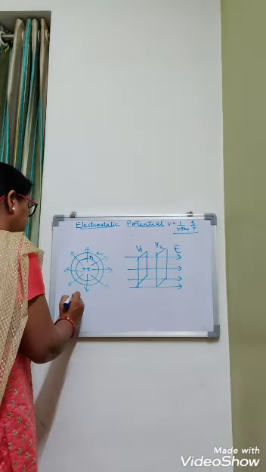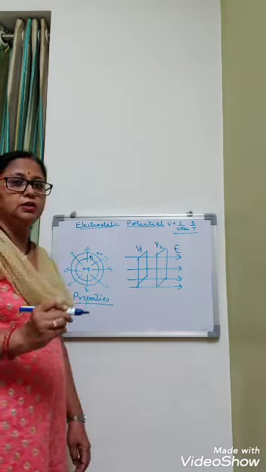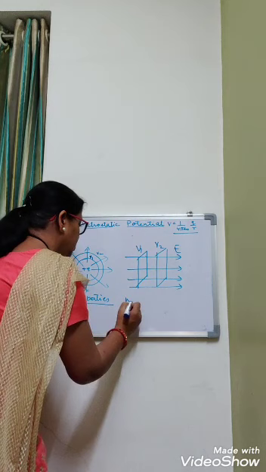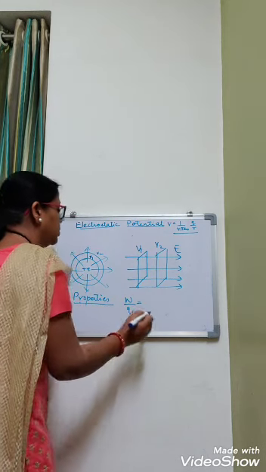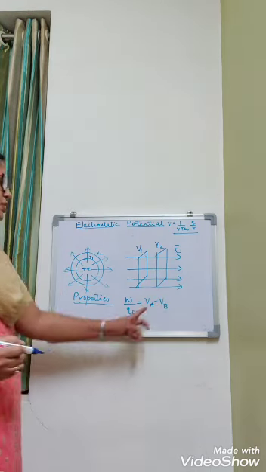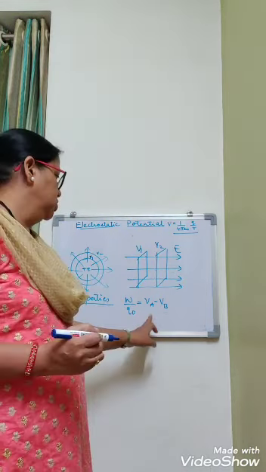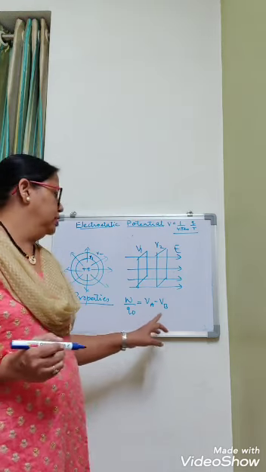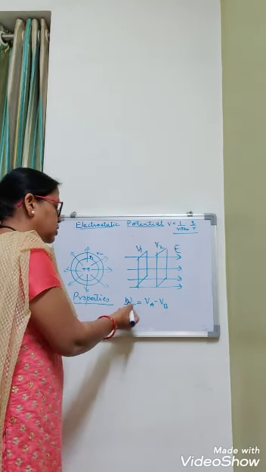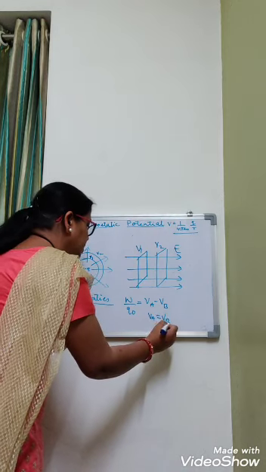Now let us see some properties of equipotential surfaces. The first property is that the work done over an equipotential surface is 0. Work done W by Q naught is equal to VA minus VB, which is the potential difference for the surfaces A and B. If the potential is the same, then VA is equal to VB.